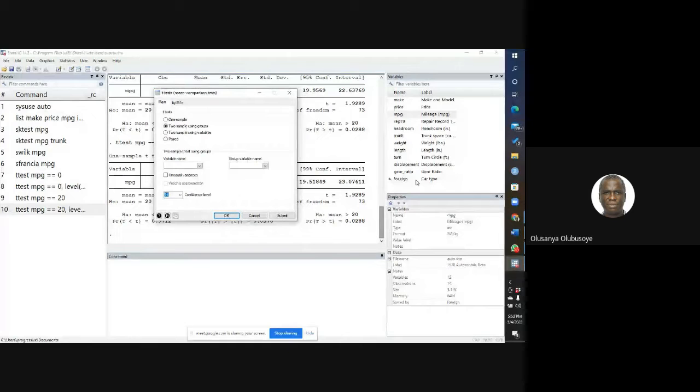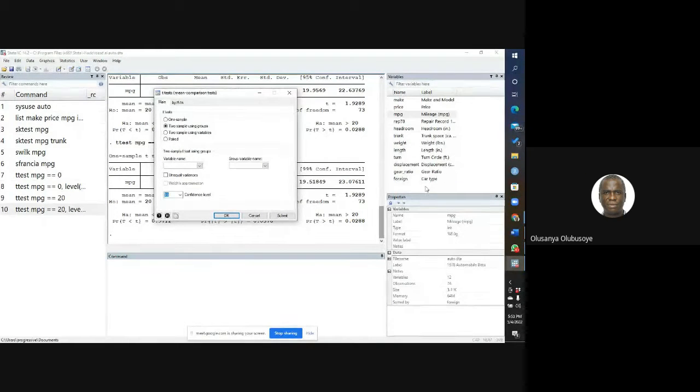Since we have a grouping variable, foreign, which groups the data into vehicles, MPG vehicles that are foreign, and MPG vehicles that are domestic.